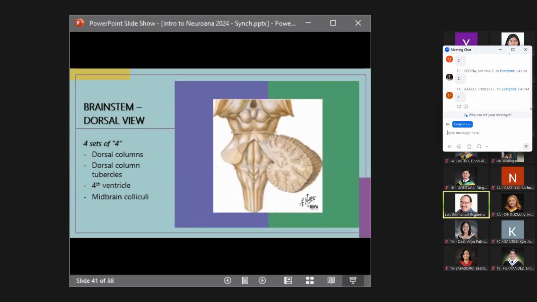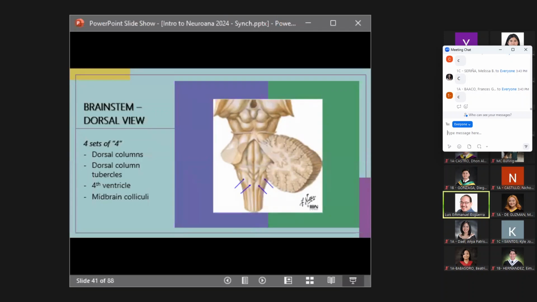You have the dorsal columns at the bottom, the same dorsal columns as on the spinal cord. They terminate at 4 tubercles, with a knob there at the tip.